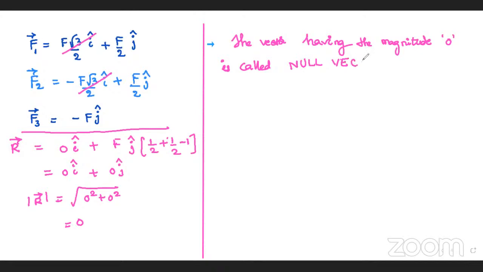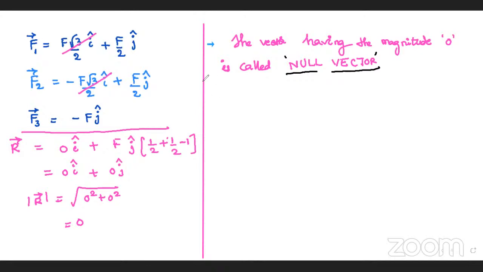It is called as null vector. Okay, this is the name of the vector having the magnitude 0. Okay, it is a null vector.